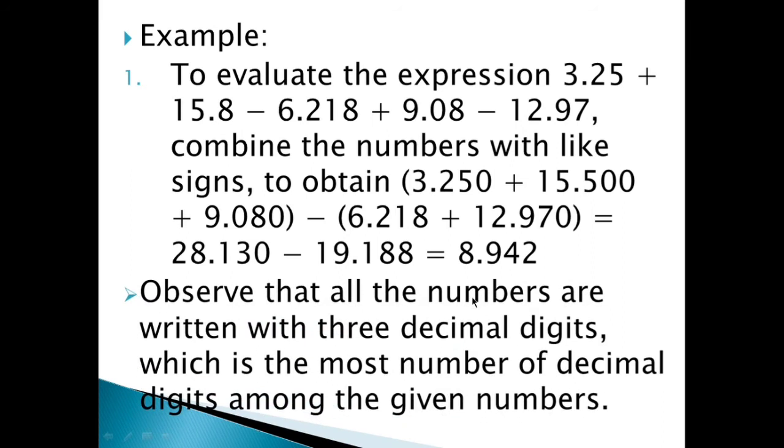So observe that all the numbers are written with 3 decimal digits. So ito po, 8.942. So, lahat sila 3 decimal digits, which is the most number of decimal digits among the given numbers. So, ayan, kung napapansin nyo is, halos lahat sila nasa 3 decimal digits.